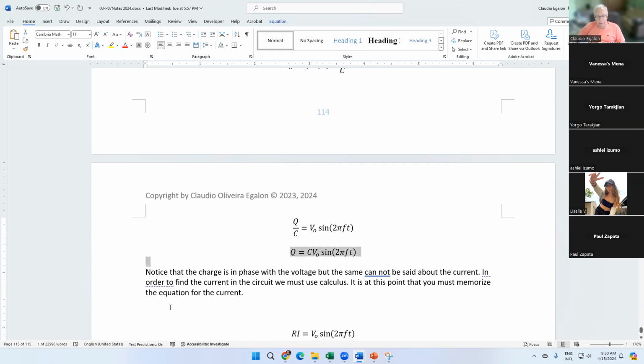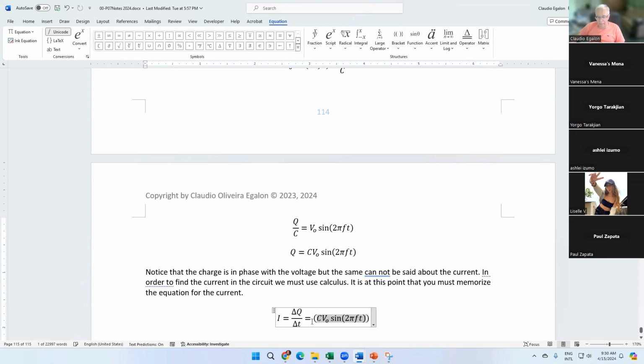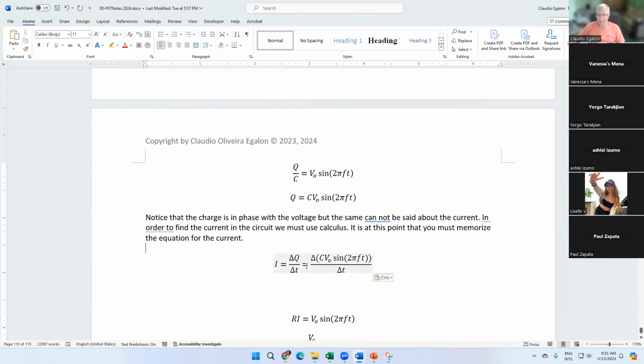So remember that the current is going to be given by I equals delta Q over delta T. Everything else that is here must also be made delta whatever over delta T. Then, because those two terms are constant, we can take them out of the parenthesis.